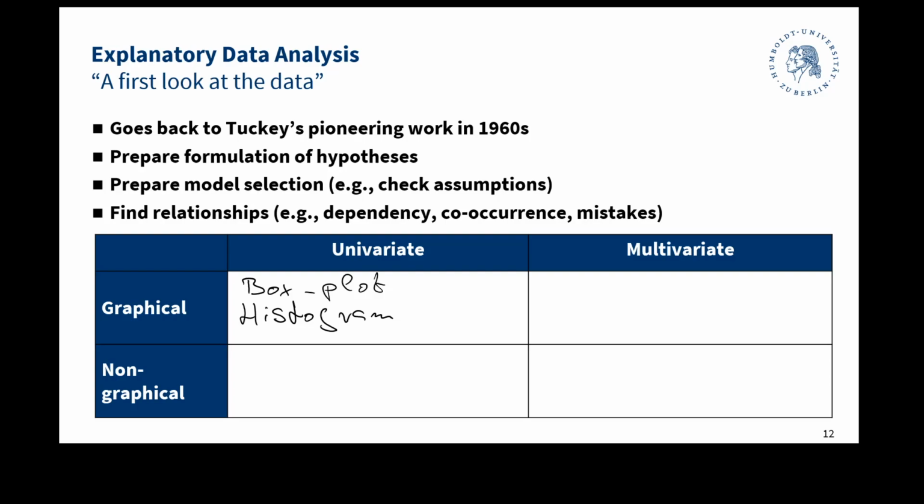And now, what about non-graphical techniques? What would be a non-graphical equivalent to these? And well, that should not be too difficult. You learned about statistical moments in your undergraduate studies. So something like the mean as a way to identify the central point of the distribution of one of the variables clearly would fit.